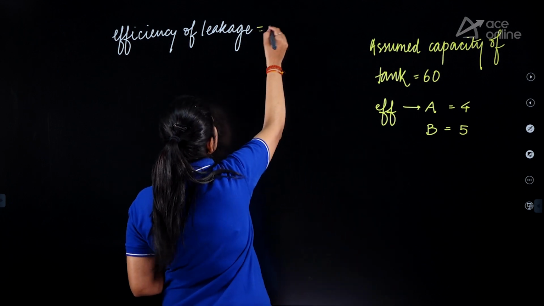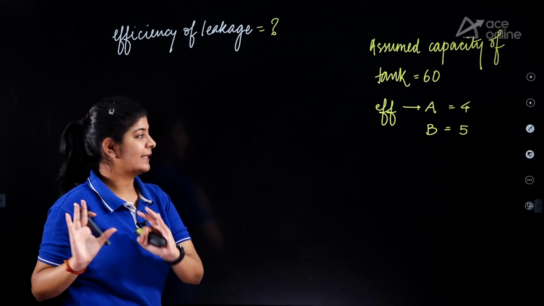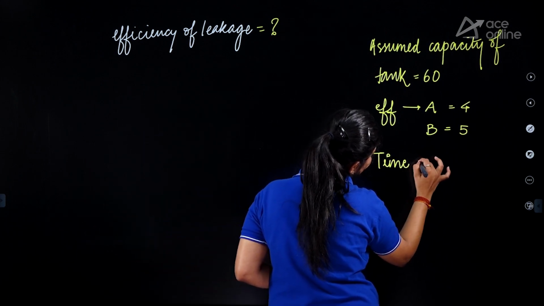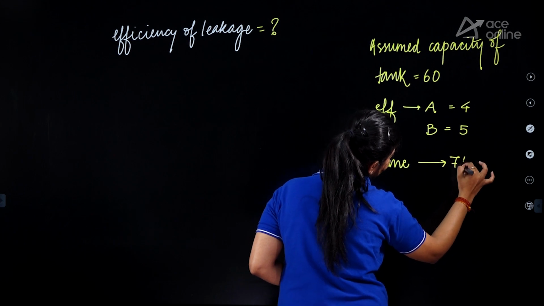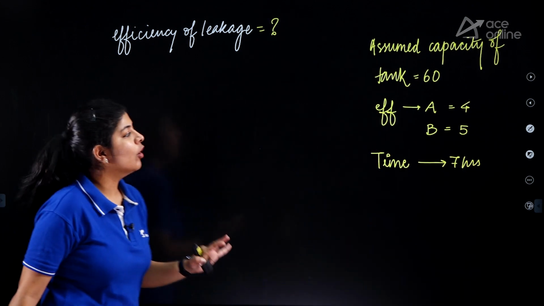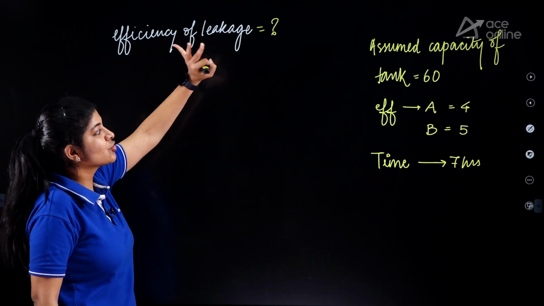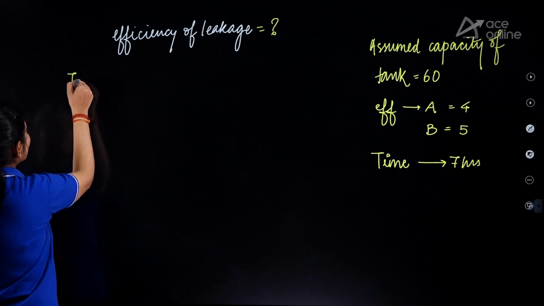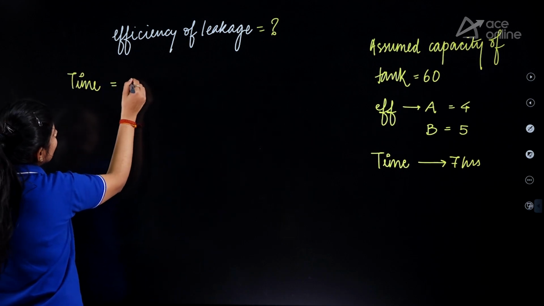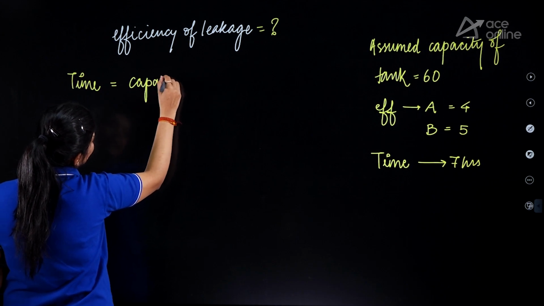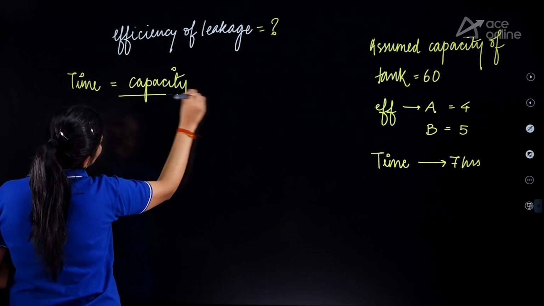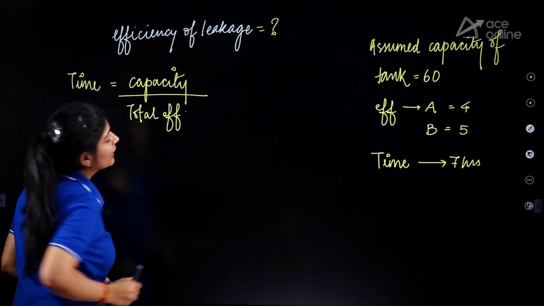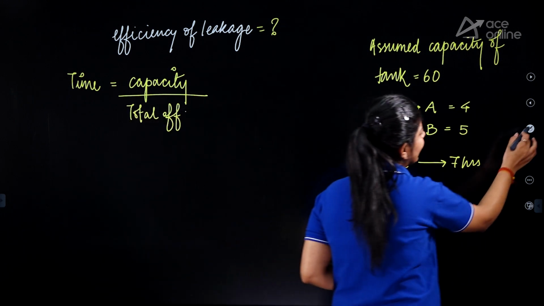We don't know the efficiency of the leakage, but I know that the time taken by all three, A, B and the leakage, to fill the tank is 7 hours. If we want to calculate the time, the formula is the total capacity divided by the total efficiency.